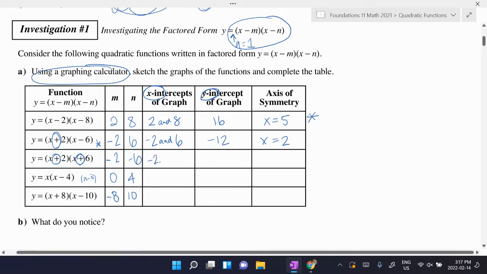Next one's going to be negative 2 and negative 6, 12, and x equal to minus 4. You're going to see 0 and 4, 0, and x equal to 2. Minus 8 and 10, minus 80, x equal to 1.